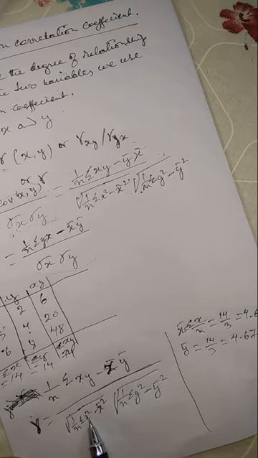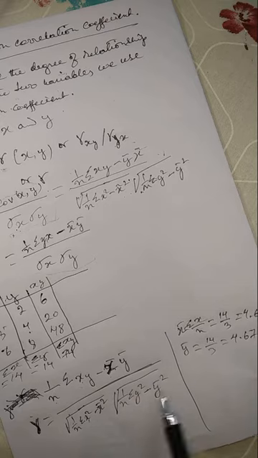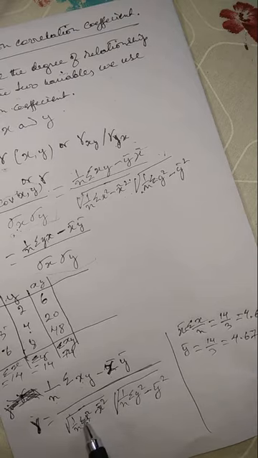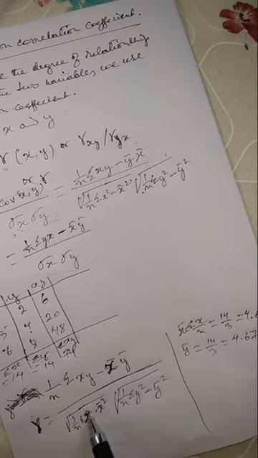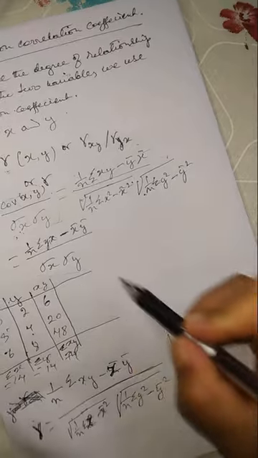Now we need another part of the equation. It needs summation x square, isn't it? X bar here we already got, y bar we already got. Remember to solve from left to right.